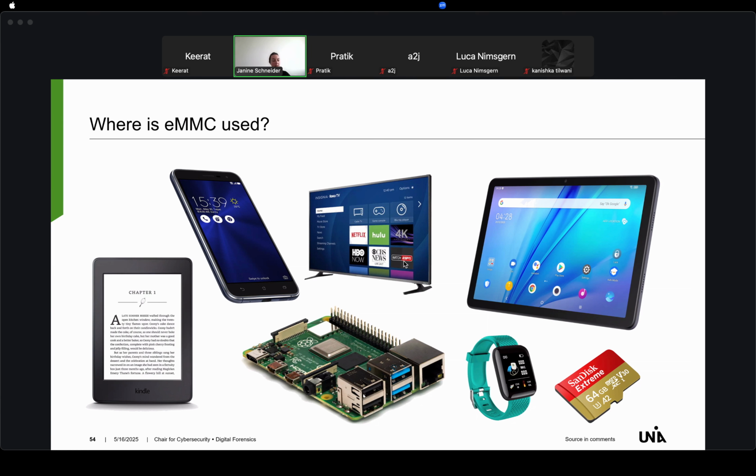Recycling in general is a good idea, but if eMMC chips are not marked as recycled and are sold as new eMMC chips, there can be situations where, A, you could find old data from another person on the chip, and B, it probably doesn't have as many PE cycles left as a new one. So yes, there is this recycling problem, but still from a forensics perspective, it's good for us that all these devices have eMMC chips built in.